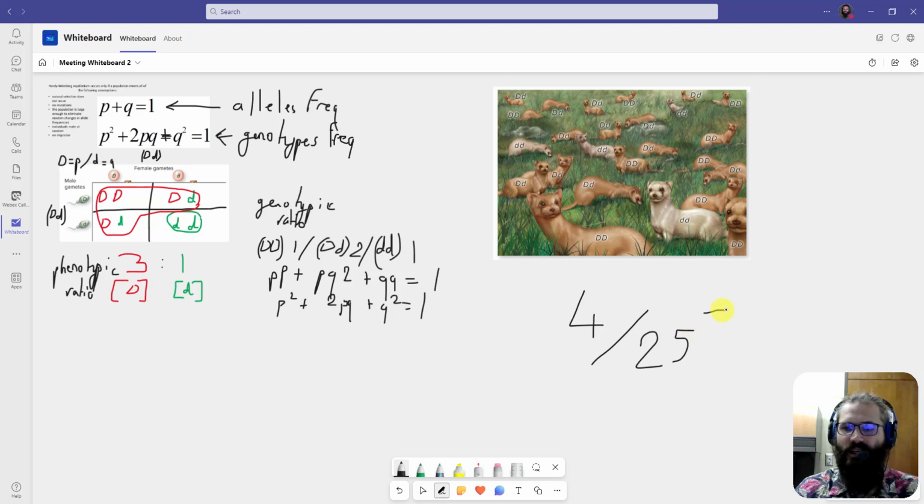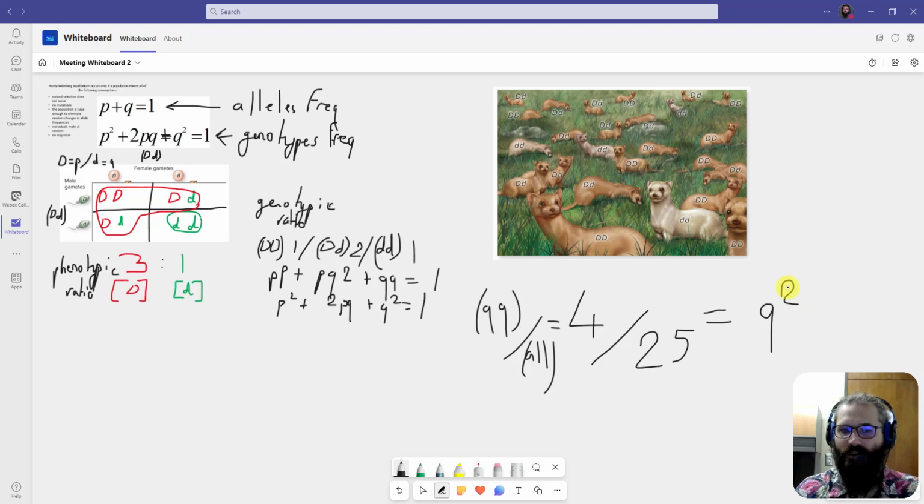This is going to be the frequency of homozygous recessive, qq divided by all individuals. So that's why it's a frequency. And that means this is the q square. Because that's the genotype, that's the number of individuals that have that genotype divided by all genotypes.